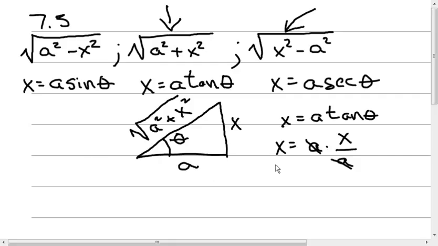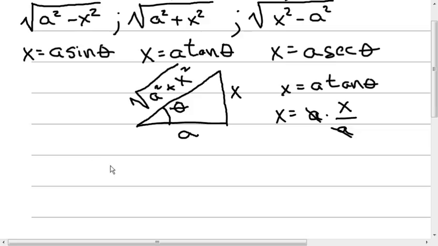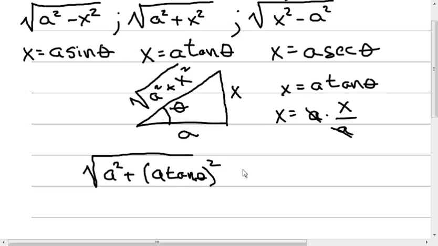Okay, so you're convinced that we can do this, but that means now that we can rewrite this as the square root of a squared plus, now we do our substitution and we get the quantity a tangent theta squared. But one of the things I said was we were going to be able to get rid of this square root sign, and so far that hasn't happened.